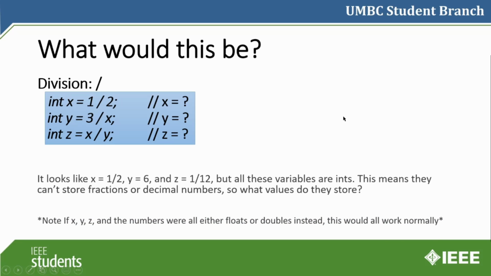The reason for this is because all of the values x, y, z, and the numbers used are all integers. So that means that the division they perform cannot produce any sort of decimal. Granted, if these numbers were either floats or doubles instead, then this division would work completely as normal.